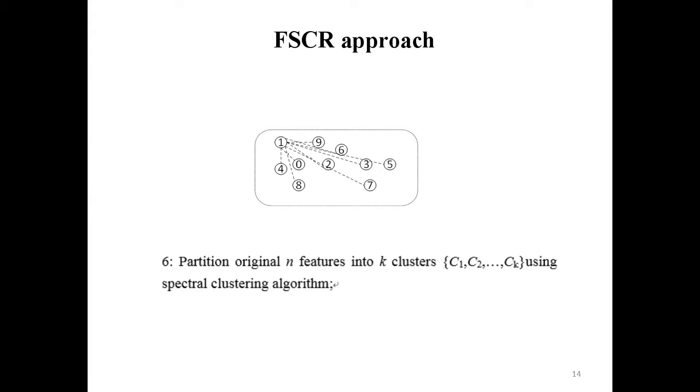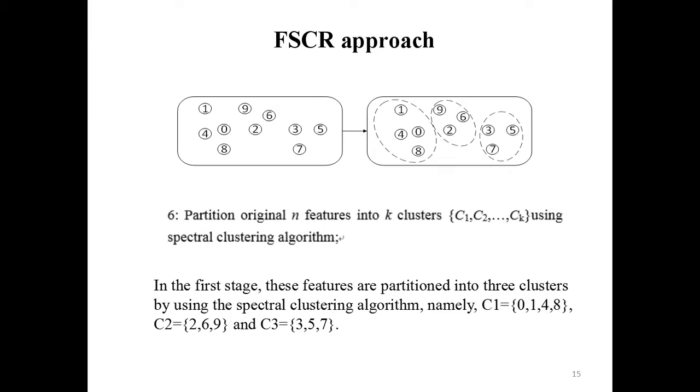Then, we partition the original n features into k clusters using the spectral clustering algorithm. In the first stage, these 10 features are partitioned into 3 clusters by using the spectral clustering algorithm.